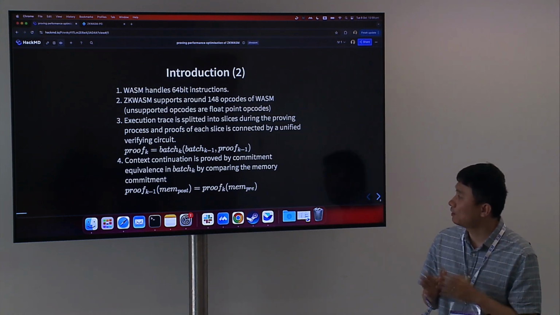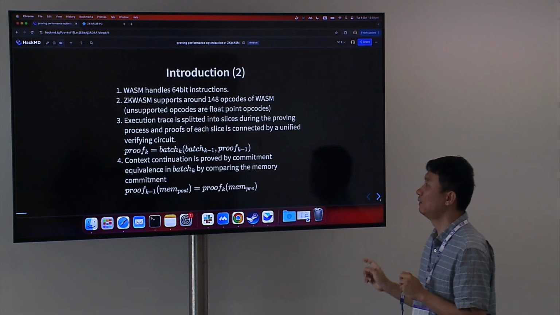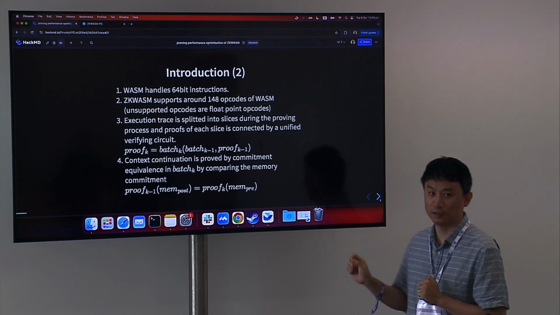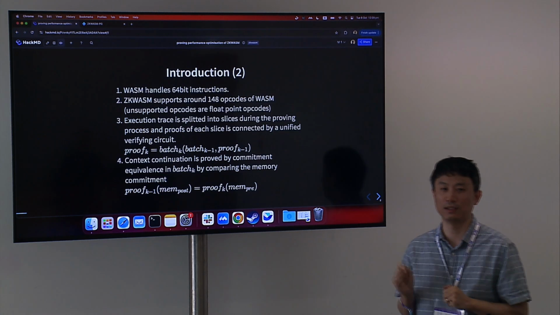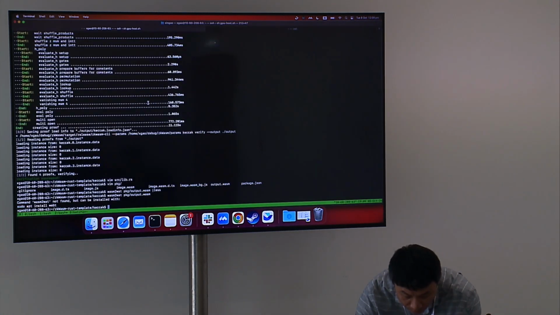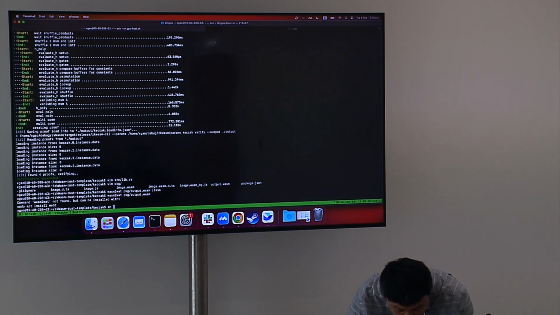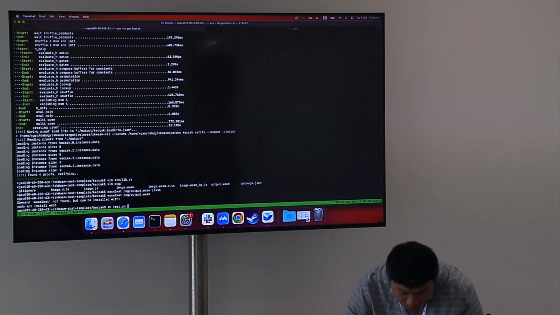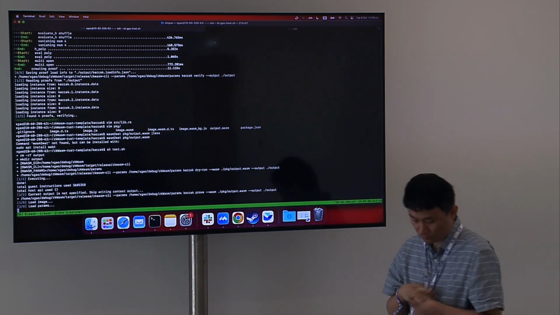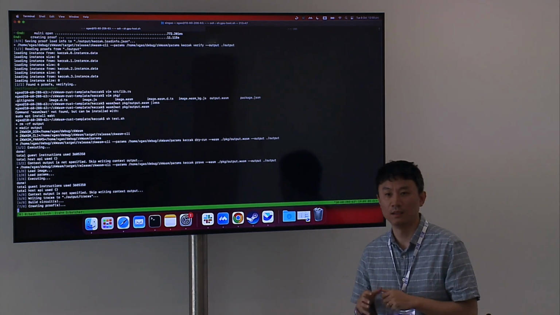Because we split the execution into different slices, we have to prove each slice to make sure the execution within a single slice is correct. Let's prove this by running the WebAssembly. The proving looks like this. I'm now using the GPU version provided by Icicle.